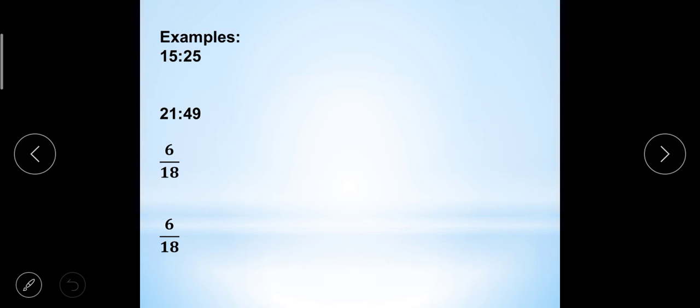Kailangan divisible siya sa 21 at sa 49. Di ba napag-aralan na natin kung paano tayo kukuha ng common factor? What are the factors of 21? What are the factors of 49?